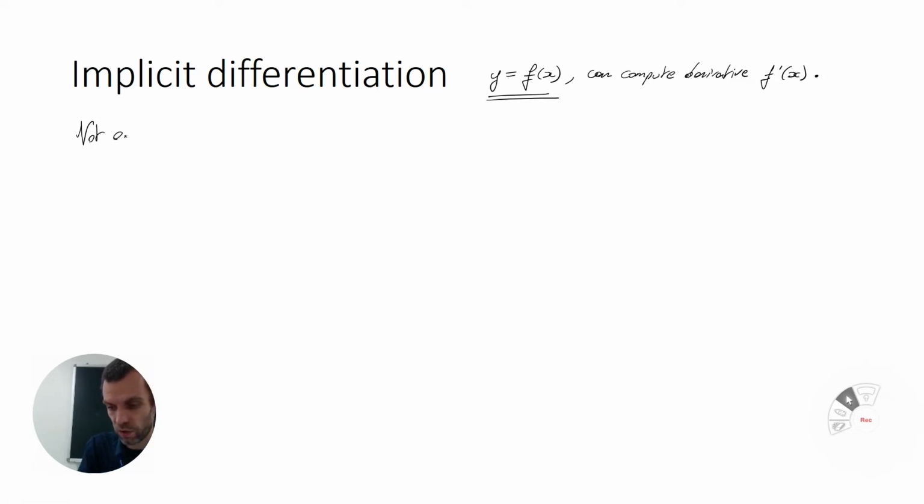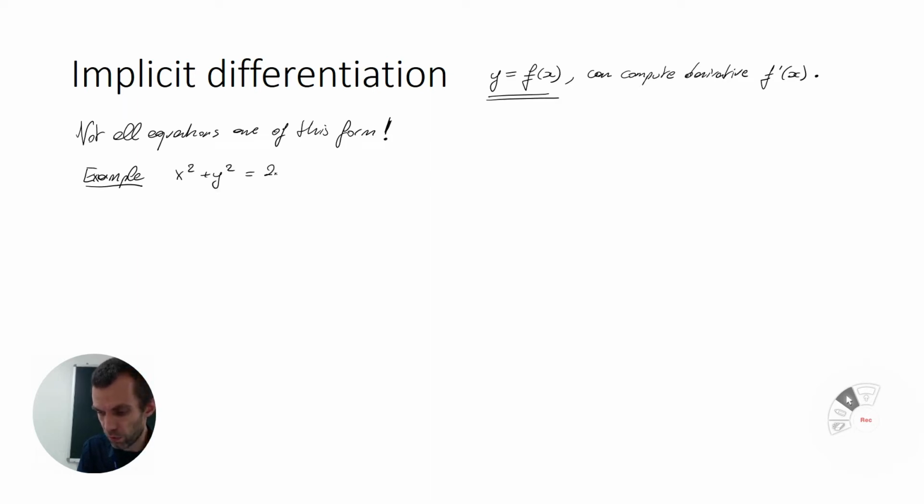So for instance, if I take the equation of a circle, x squared plus y squared is equal to 25, I can write that as y is equal to something, but it's a little bit laborious.